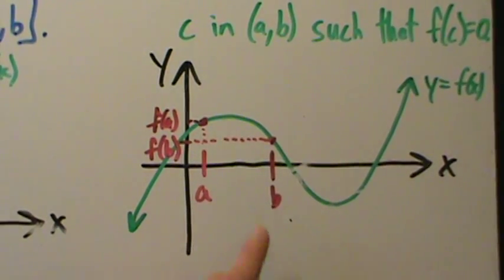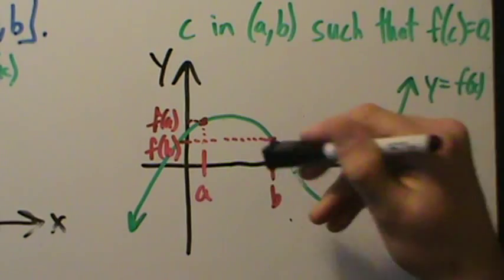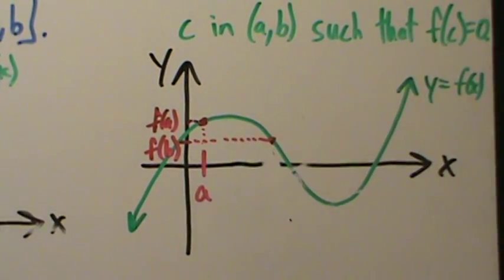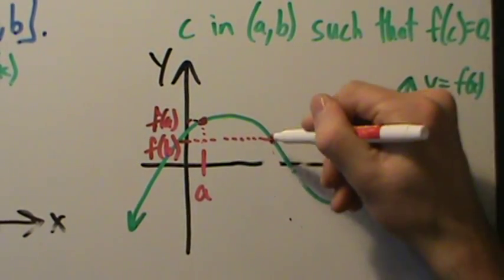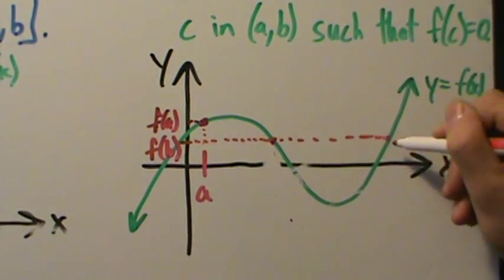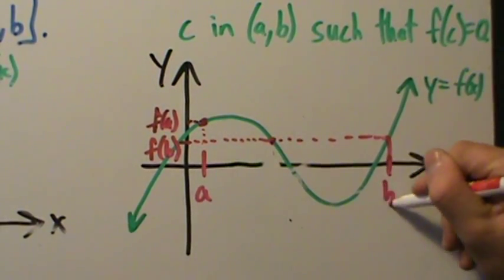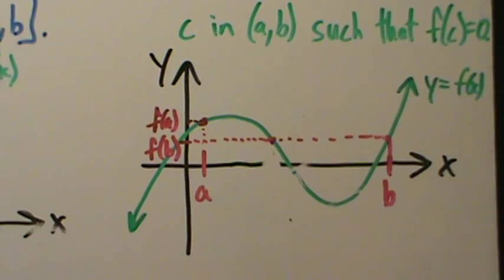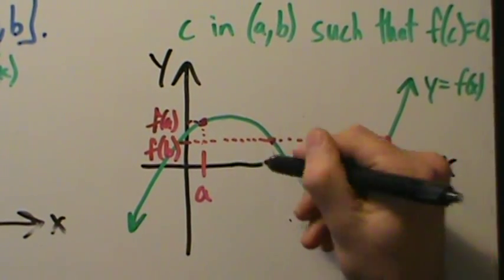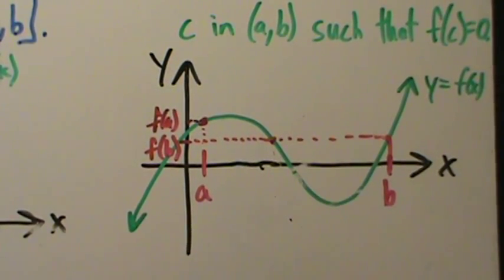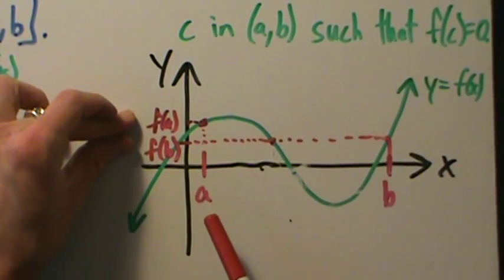Okay? Well, what if we use a different b? We'll keep the same a, but forget about this b. Let's maybe use this b right here. So what if we use that b? Well, then what do we see? f of a and f of b are still both positive, right?